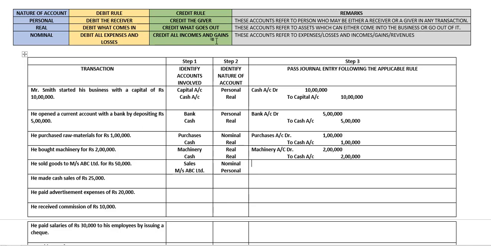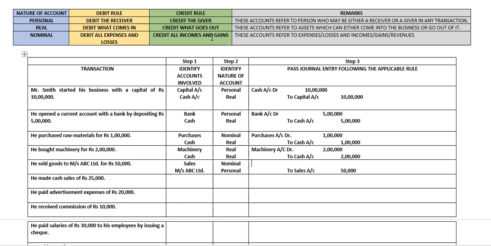So sales is an income or revenue, so in this case sales will be credited. Since sales is to be credited, we go to credit part of the transaction, write to, and then type sales, with the transaction amount.